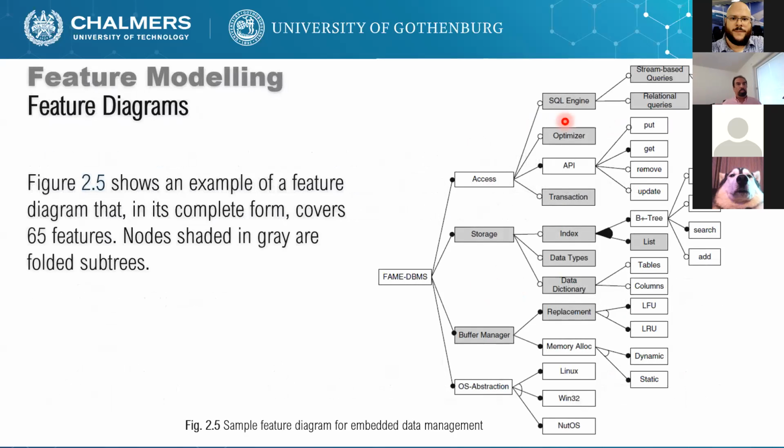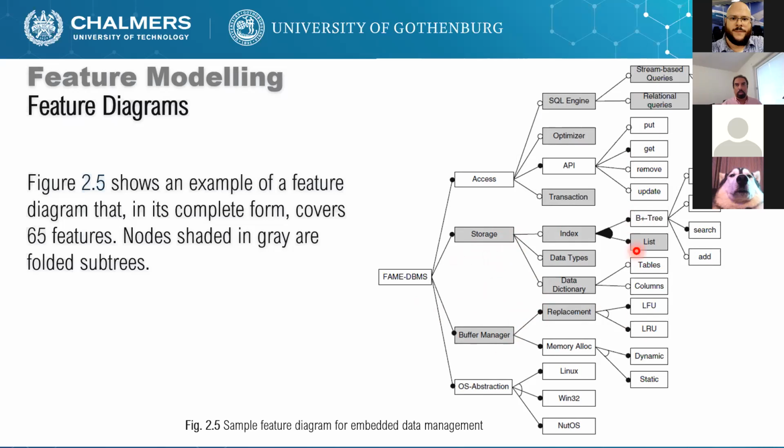Here, for example, is an example for a database. It shows an example feature diagram. It covers 65 features. And you have the tree here starting with the node at the head. And even these gray colored boxes, the features have subtrees in them, and they can be further expanded to create more features.